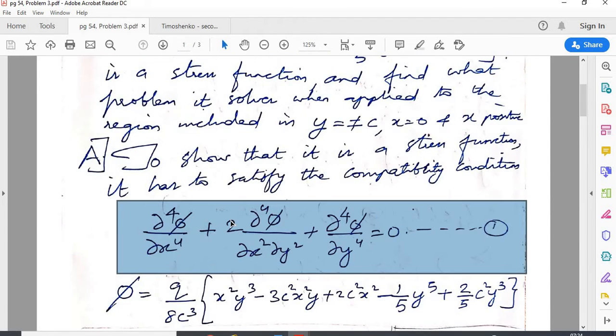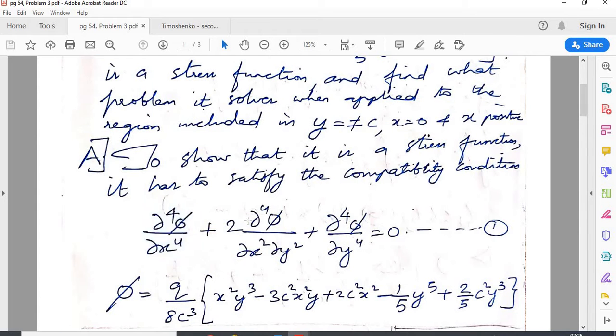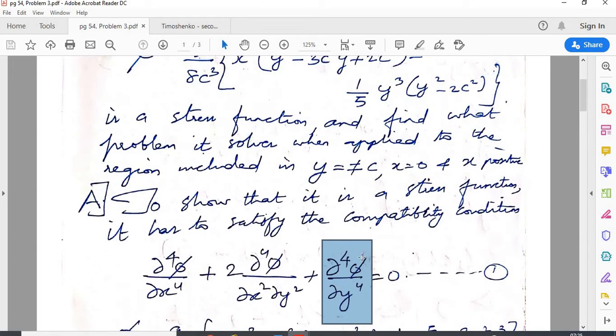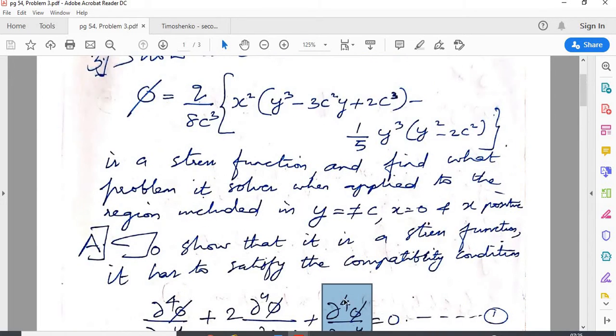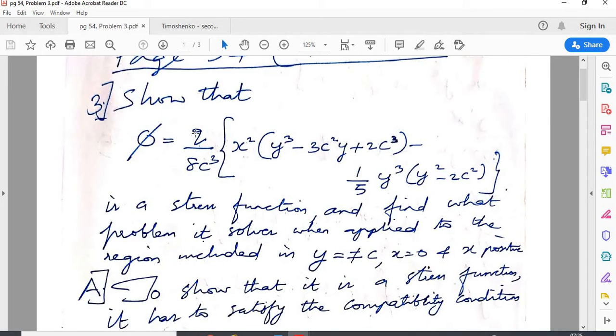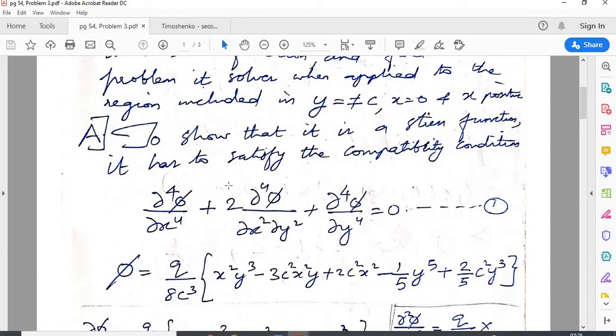So it's all about pulling up the respective terms, substituting them, and making sure that this equation is satisfied. This particular expression is a little more involved compared to the last two problems which we have solved, but it's only a polynomial, so it's nothing too crazy. You just have to take the derivatives and substitute them here.